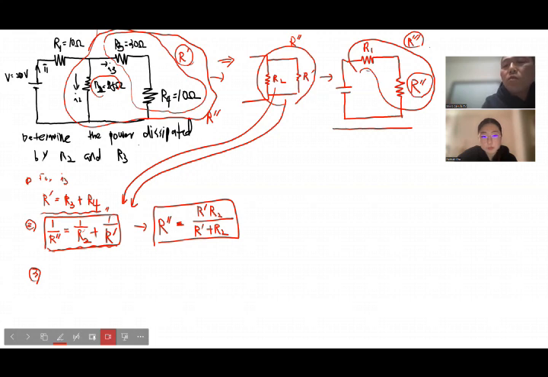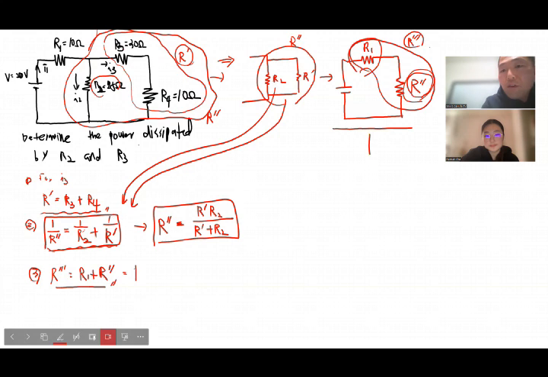Because these two resistors are connected in series, R triple prime is the same as R1 plus R double prime, right? Now if you plug all the numbers into this formula, that is the total.